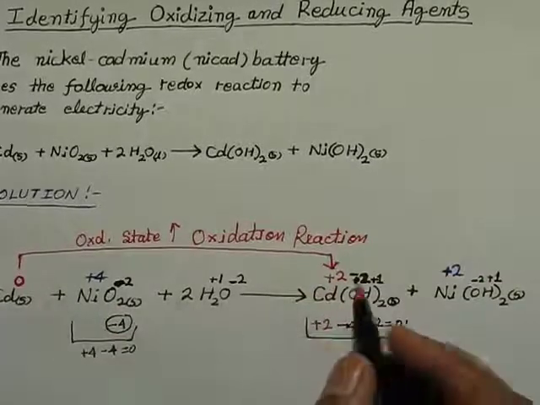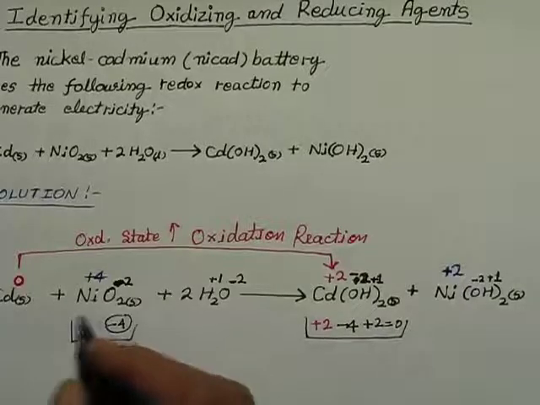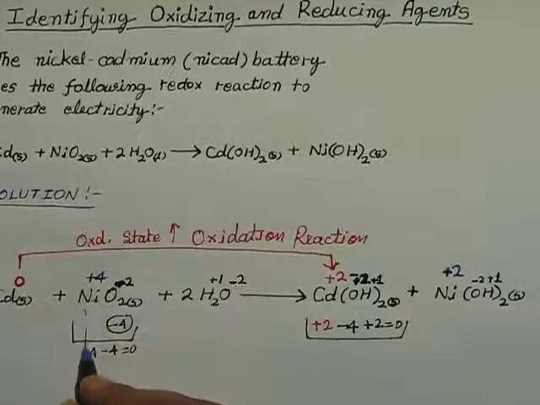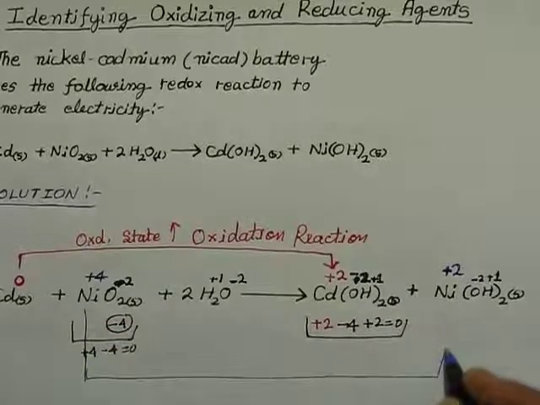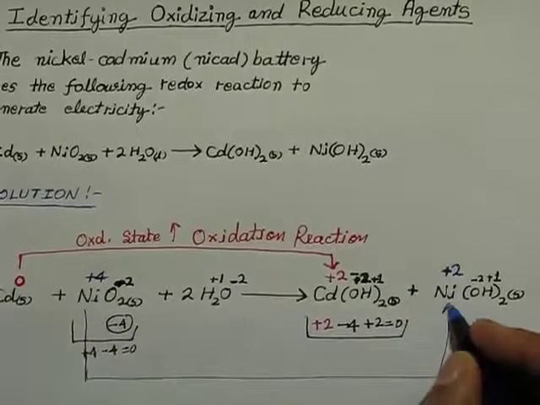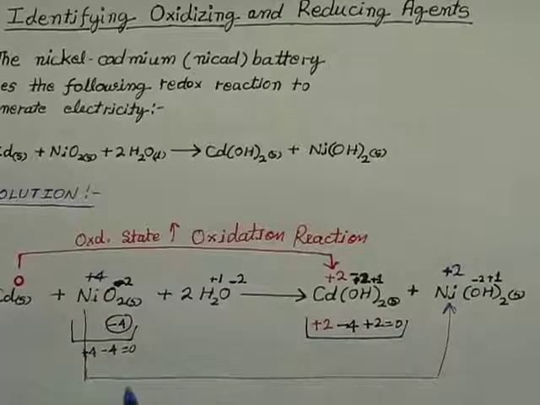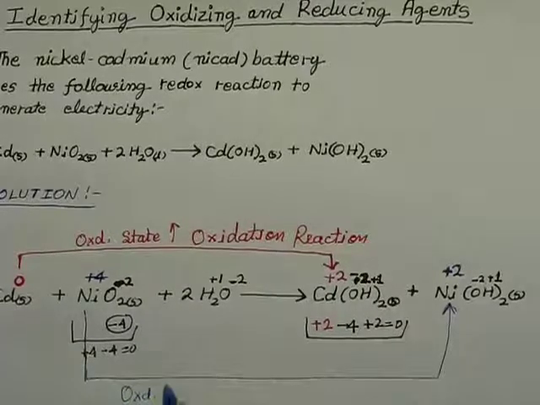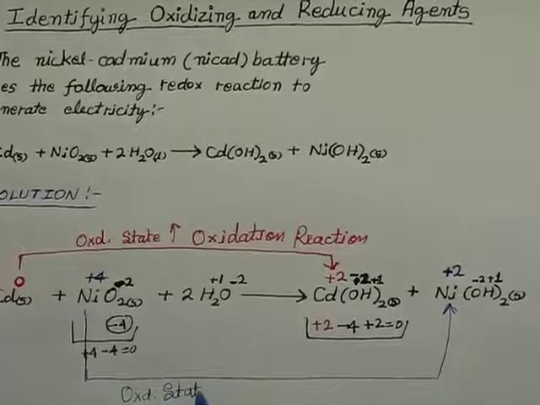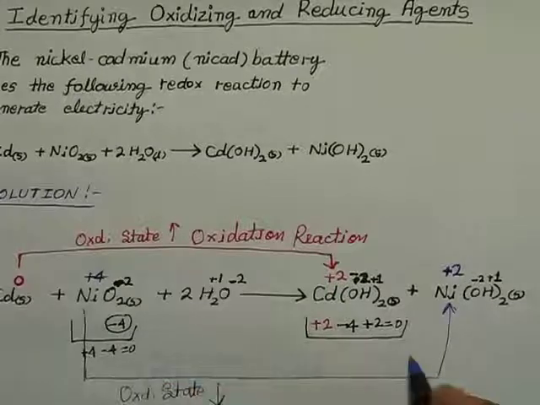So cadmium is oxidizing in this reaction. And nickel has +4, and its oxidation state is changing from +4 to +2. So the oxidation state is decreasing for nickel by 2.